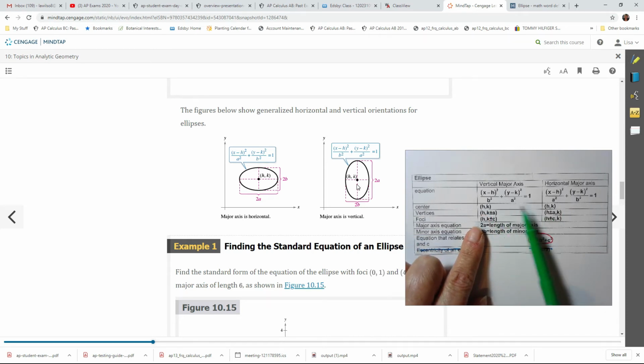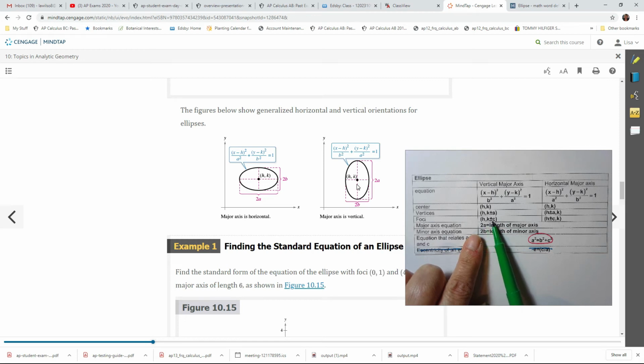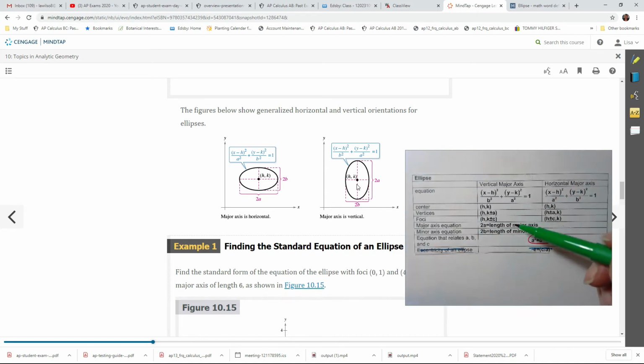The center is at (h, k). The vertices are at (h, k plus or minus a). The foci are at (h, k plus or minus c). Now, these swap around, so these are the hard ones. When the axis is vertical, the vertices are (h, k plus or minus a), and when it's horizontal, it's (h plus or minus a, k). And here, the foci are (h, k plus or minus c), and horizontally it's (h plus or minus c, k).